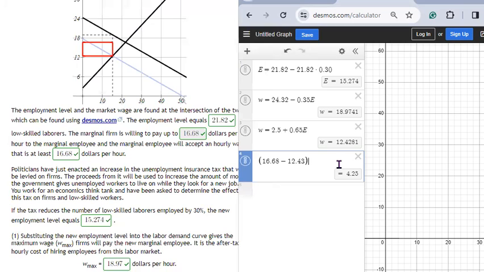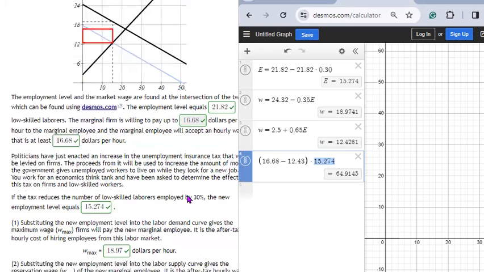So all we have to do here is multiply the portion of the hourly tax in dollars that is shifted to the employee times the number of employees, right? And again, if this is in millions, this is in millions, right? So that's a pretty big tax, $64.91 million, right?